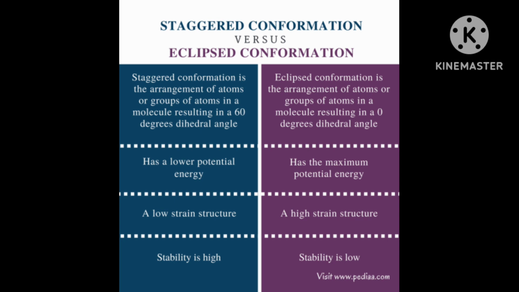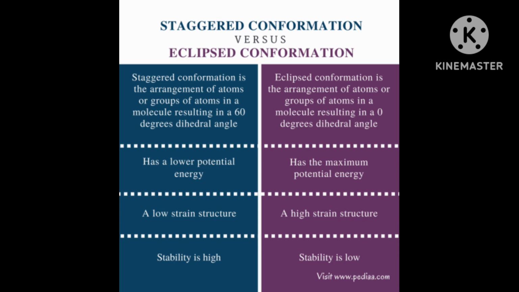So these p orbitals will overlap sidewise, also called lateral overlapping. Overlapping will be less in comparison to the axis-wise, head-on overlapping. That's why they will make a bond.